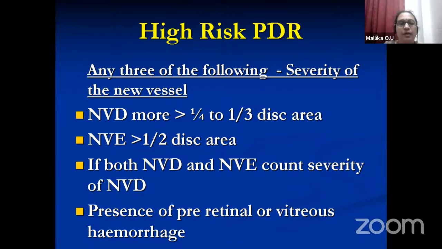And neovascularization elsewhere in the retina should be more than half disc area along with a pre-retinal or vitreous hemorrhage. Understand? So there are three things.